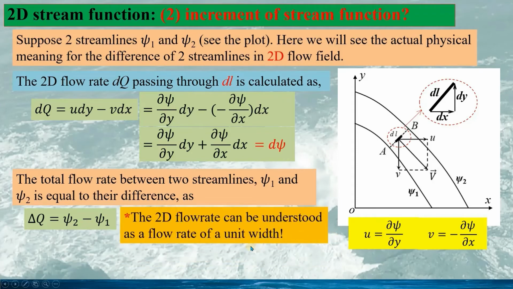Here, we can see in 2D flows, the flow rate between these two streamlines would be the difference of the two stream functions. However, this 2D flow rate must be understood as the flow rate per unit width. Otherwise, the dimensions of this expression would not be correct.